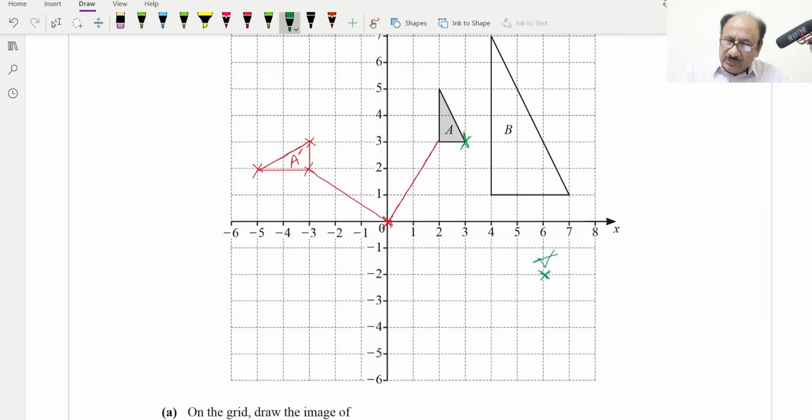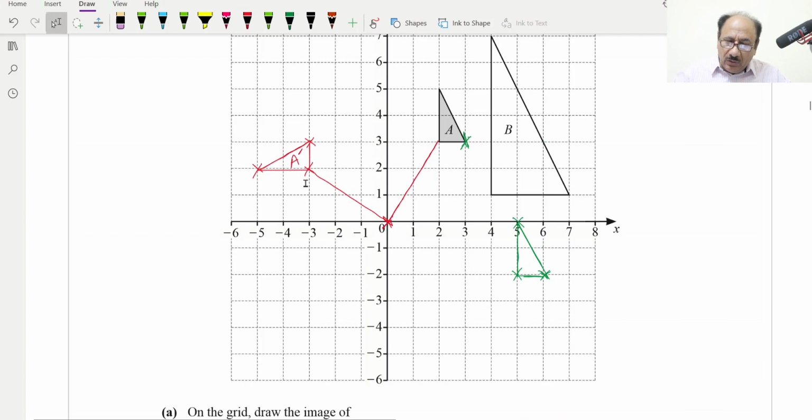Hopefully you got this. Now we can have other points also. This will be the other point, and this will be the third point. Now we just have to join these points to get the translated triangle, and this will be the translated triangle. Hopefully you got this.